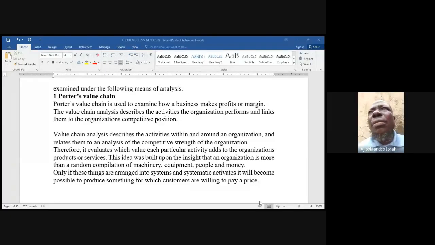However, for production to be effective, we need those other activities. You should not forget that these activities are functions. You remember that in our functional strategy, IT is a function, finance is a function, production is a function. So that's why they are connected.